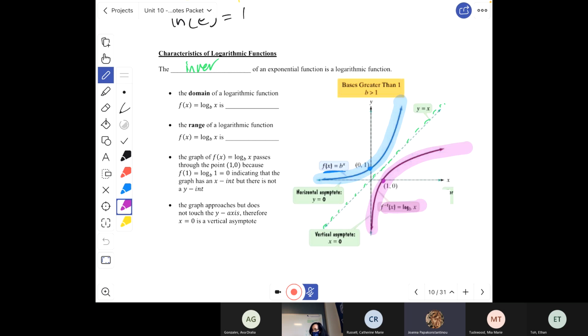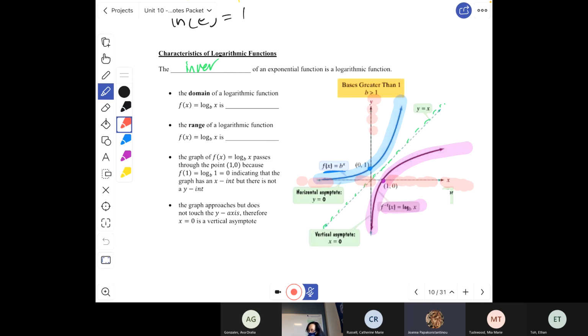By interchanging the domain and range, that's why I said the line y equals x is very important. There's the asymptote that's on the side, right? That's right. So where is the horizontal asymptote for your exponential function? Your horizontal asymptote is here, right? So where does that appear in the graph of its inverse?